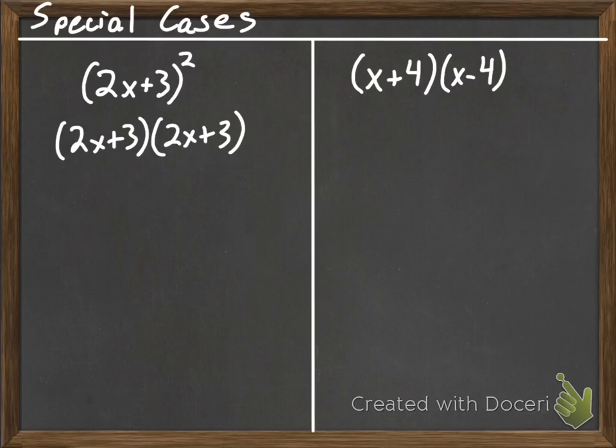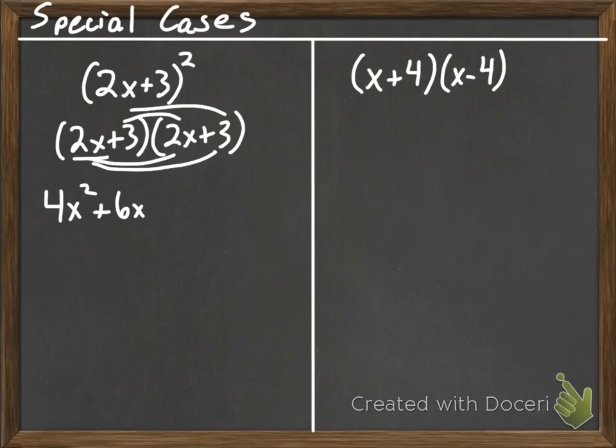After we have that, we can use our favorite method to solve. So just to save time, so I don't have to draw my box, I'm going to distribute. And we get 4x squared plus 6x plus 6x plus 9.